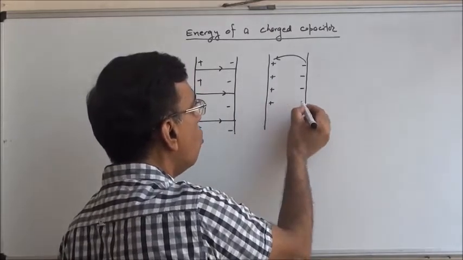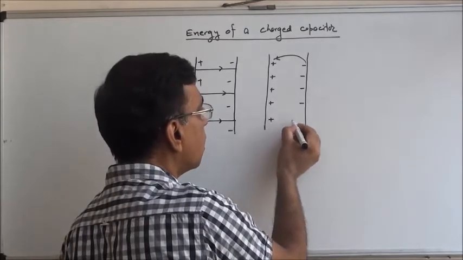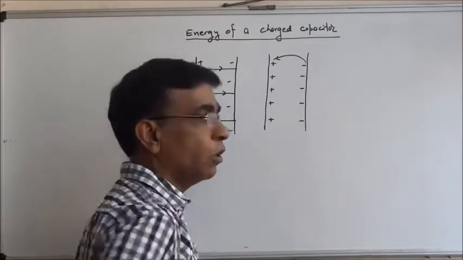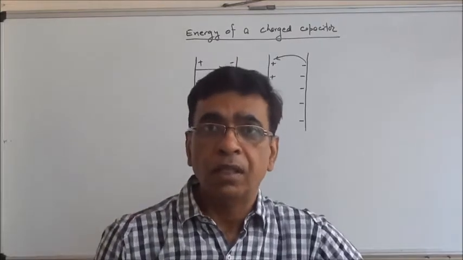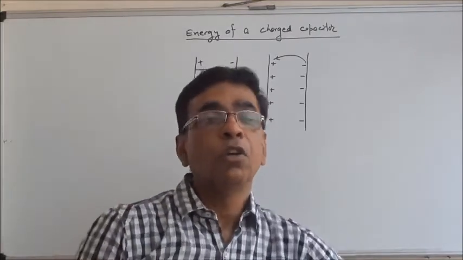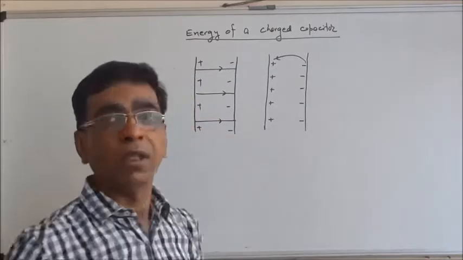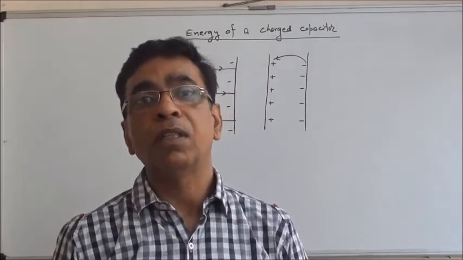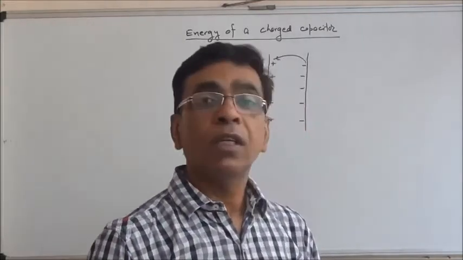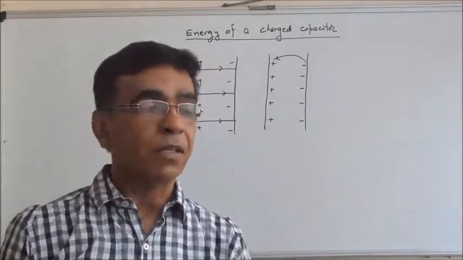As more and more charge is transferred from this plate to this plate, work is done against the electric field to move this positive charge from here to here. So whatever work is done, we can calculate that work done. That will be the potential energy stored in the capacitor.